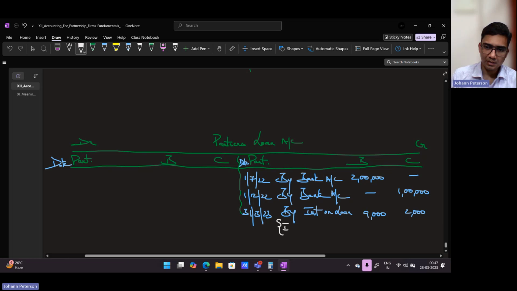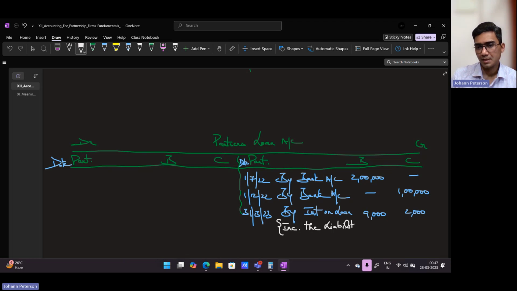This increases the liability. What is the liability here? The liability here is this loan. So the loan liability is increasing by writing this on the credit side. Then anything else?